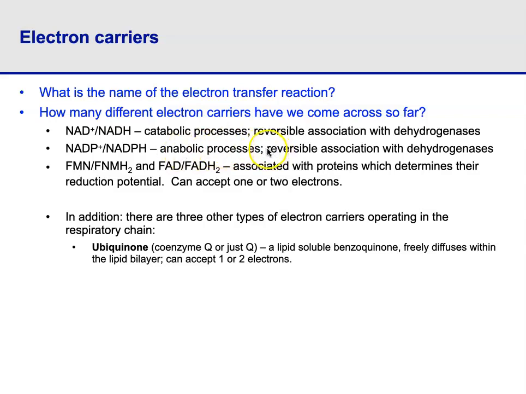These electron carriers are also reversibly associated with their enzymes. The other electron carriers we've talked about are primarily FAD, FADH2, and I don't know whether we've mentioned FMN and FMNH2 at this point, but if we haven't, we will.